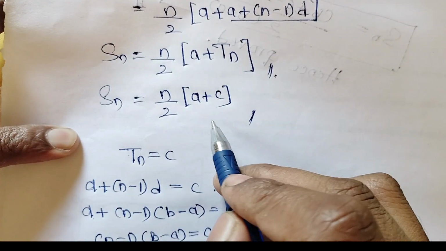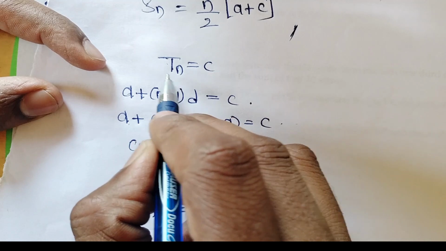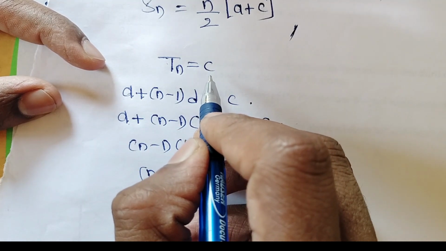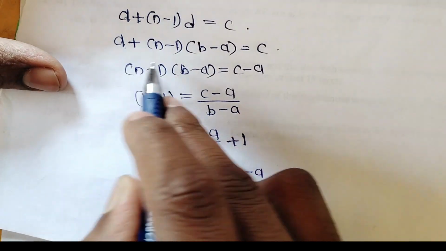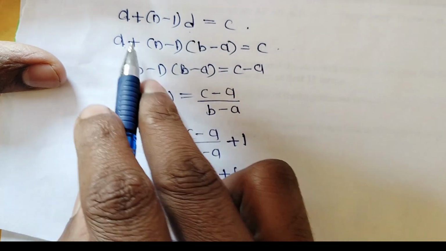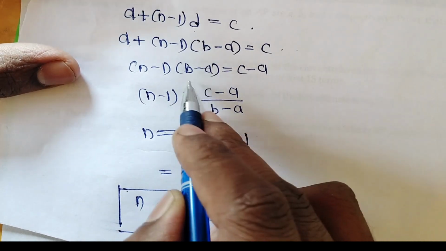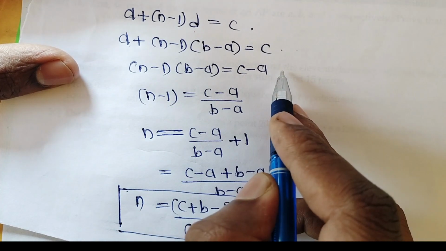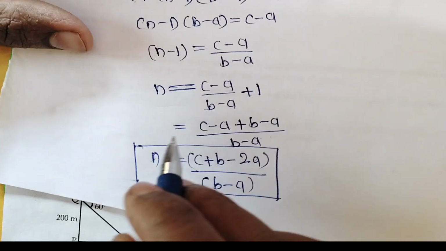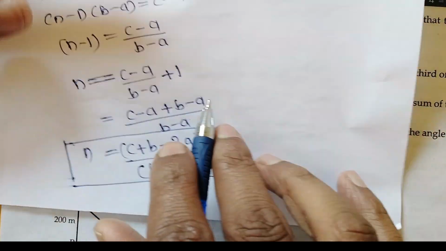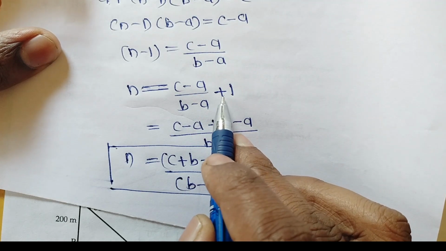So using this and finding n, for n we have to use the tn equals c relation, and we can find n. Substituting for d, and a is a only, the first term. Taking this b minus a to the LHS, it comes to the denominator of c minus a, and taking this minus 1 to the left, that becomes plus 1.